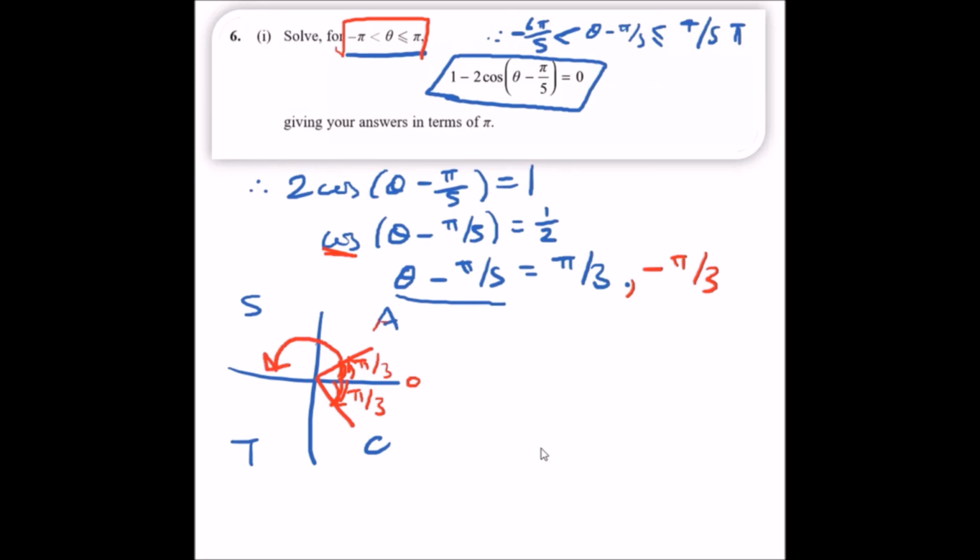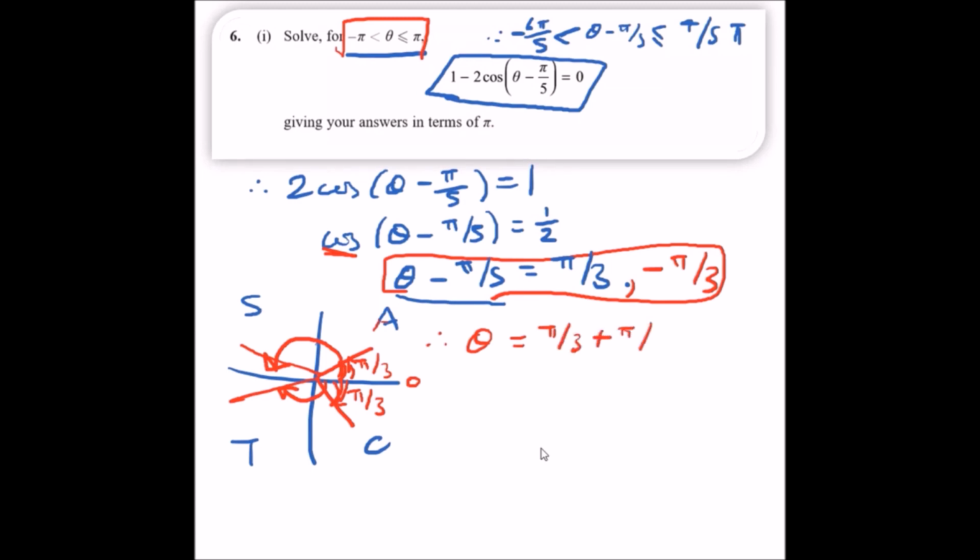Going back pi over 5 is pretty much negligible because it's nothing. Same here, you're only going to travel up to here. You can't go any further. So hence, these are our solutions. Now, to get the actual value of theta, we just add pi over 5 to both these terms. So theta equals pi over 3 plus pi over 5, and theta also equals minus pi over 3 plus pi over 5.